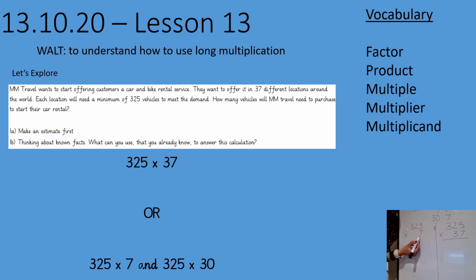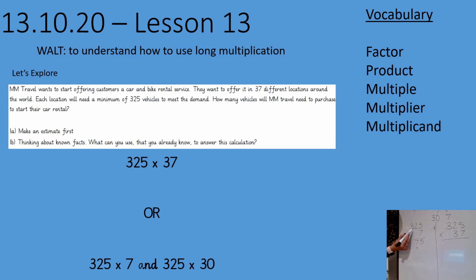So if we're using this method, which is partitioning our multiplier, we've got 5 times 7, which we know is 35. We then multiply the 2 by the 7, which is 14, add 3 more on, 14, 15, 16, 17. We know that's 17 tens, because it was 2 tens multiplied by 7, not 2 multiplied by 7.